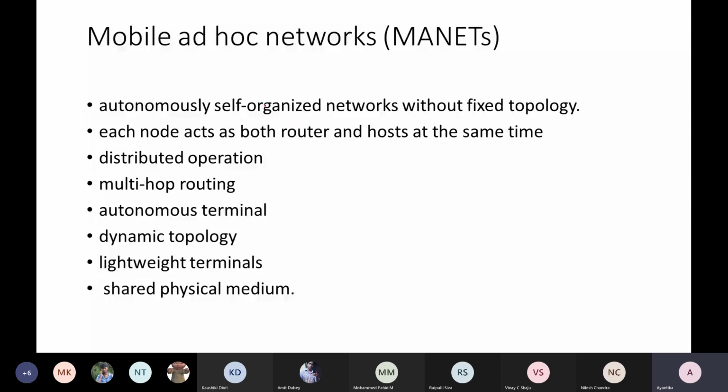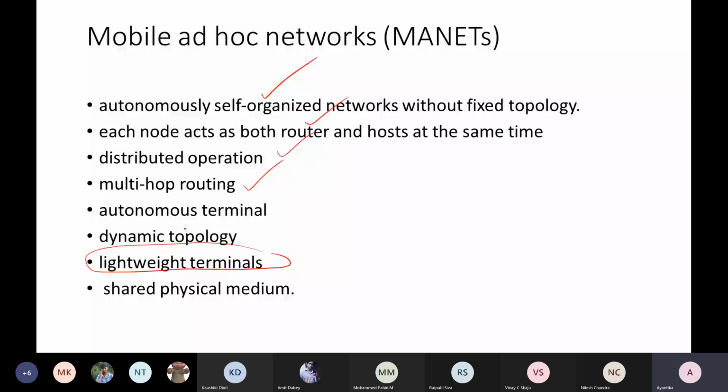When we are talking about mobile ad hoc networks, it is self-organized. Each node acts as both router and host. Multi-hop, distributed, all these features are there. Dynamic topology. From these features of MANET, you can understand why it is so close to our embedded networking requirement. Another thing is lightweight terminals. Whenever you are choosing any algorithm, it is better to have it as lightweight as possible.